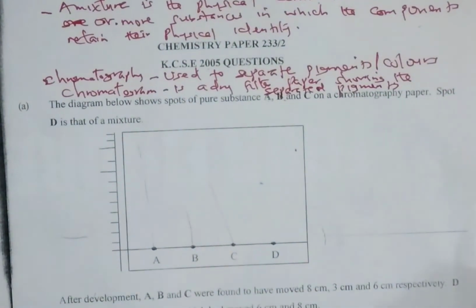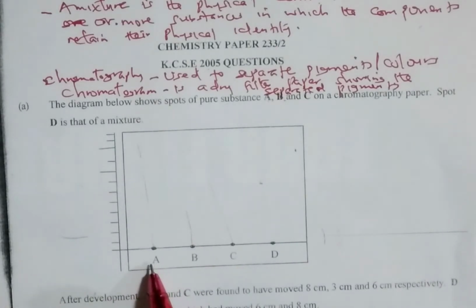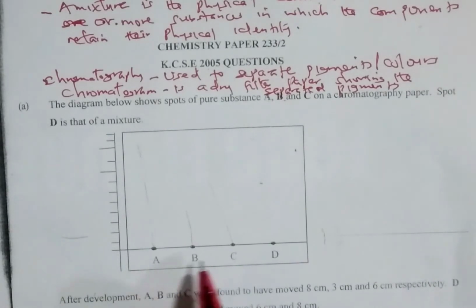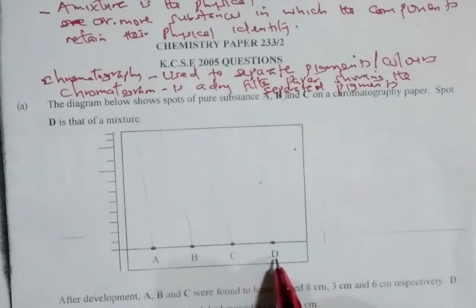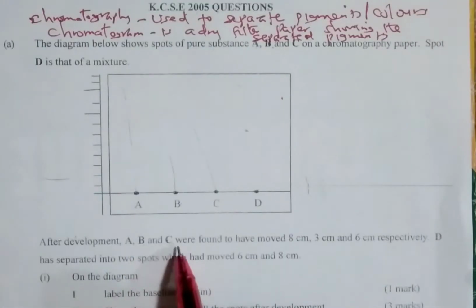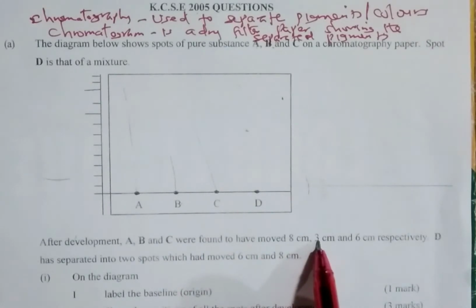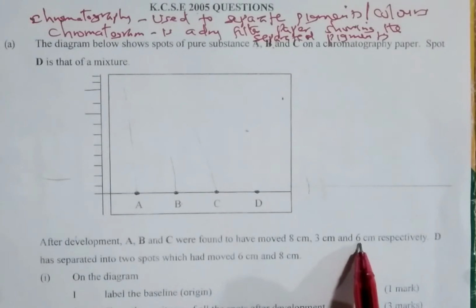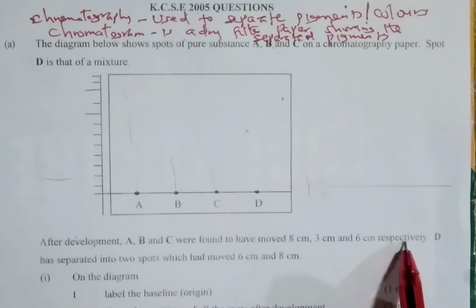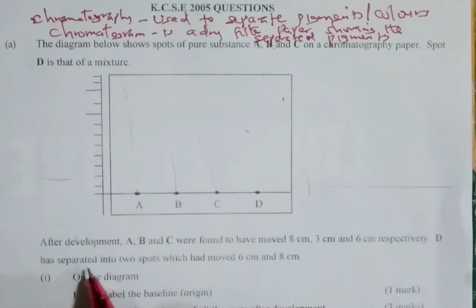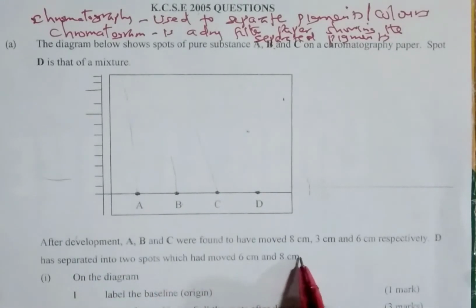We have already been told that substances A, B, and C are pure substances, while D is a mixture. After development, A, B, and C were found to have moved 8 centimeters, 3 centimeters, and 6 centimeters respectively. D has separated into 2 spots which had moved 6 and 8 centimeters.